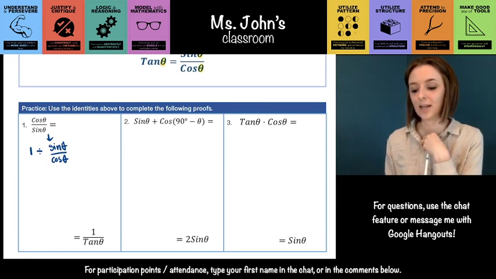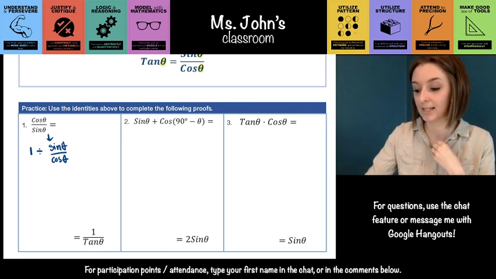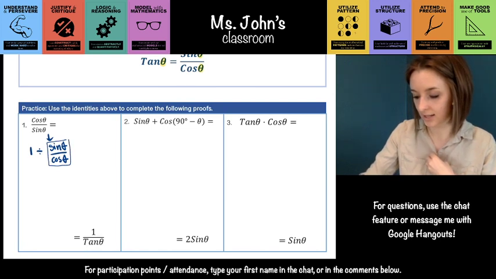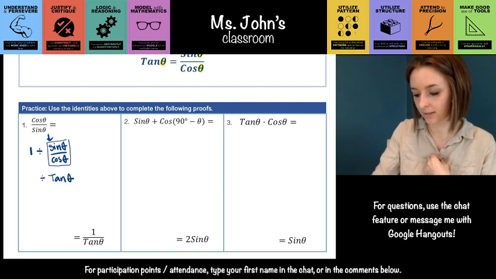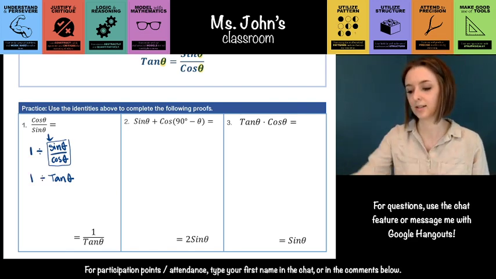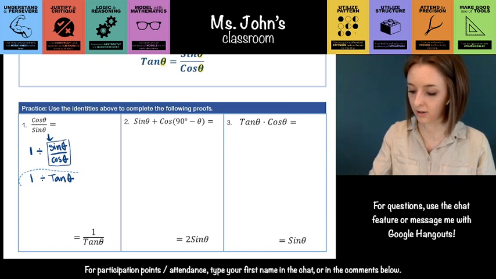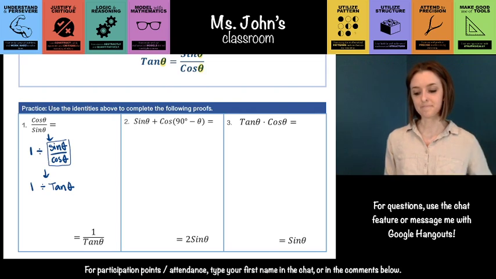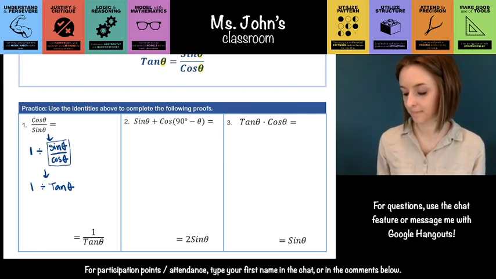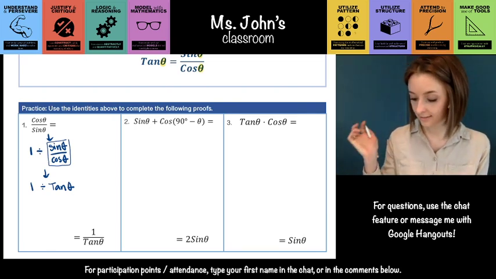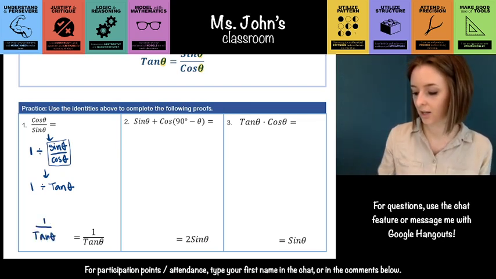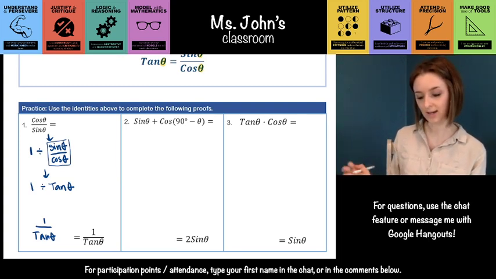And sine over cosine is the identity for tangent. We can replace sine over cosine with tangent, and that's going to be my next step. Let me put an arrow so we're being consistent here. 1 over tangent, 1 divided by tangent, which we can rewrite as 1 divided by tangent of theta, which is what we wanted it to equal. Do you see that?